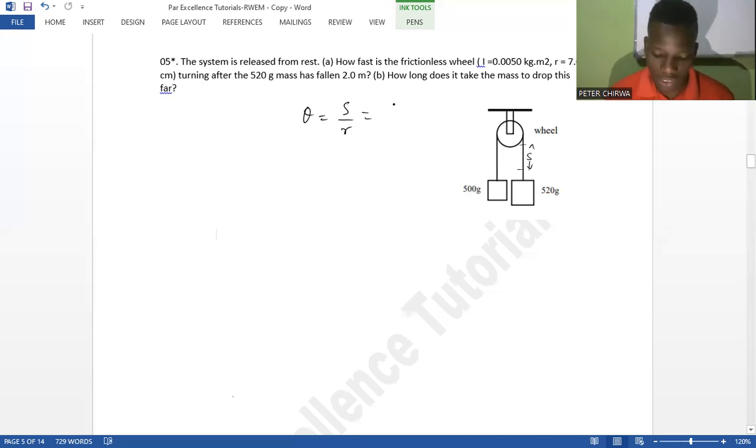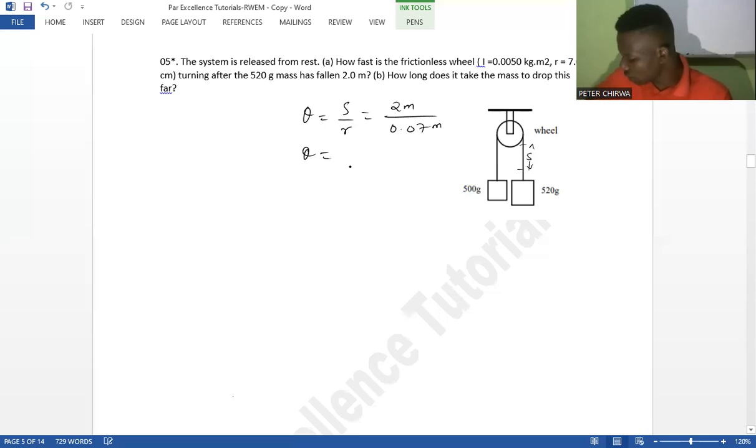So we can have 2 meters over 7 centimeters, which is basically 0.07 meter. What we get here is 28.57 rad.